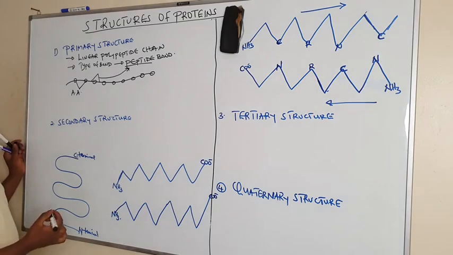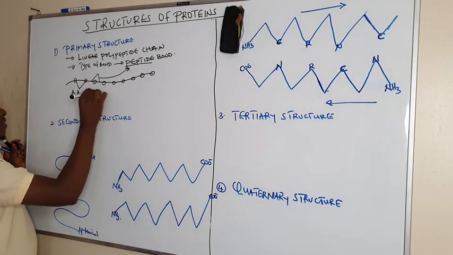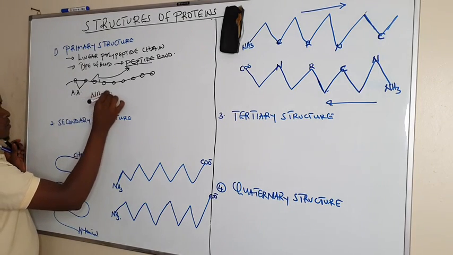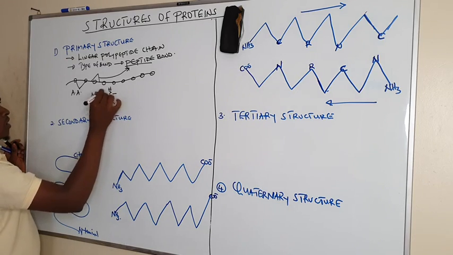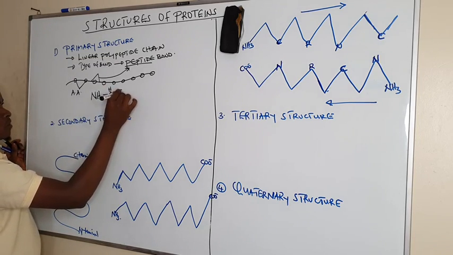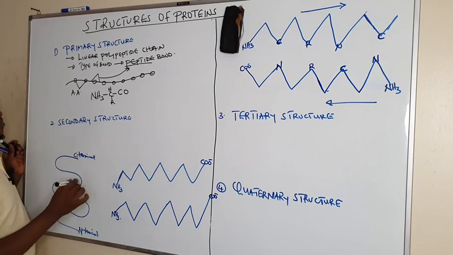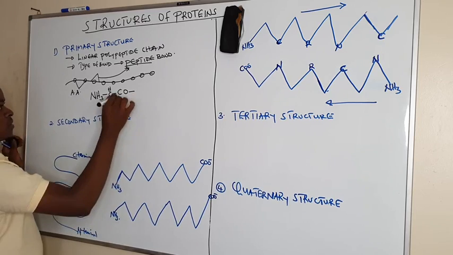If I can illustrate some structure of the amino acid, here we have the alkyl group, the hydrogen, then we have the carboxyl. We are going to see this carboxyl group join as the hydroxyl group is lost.